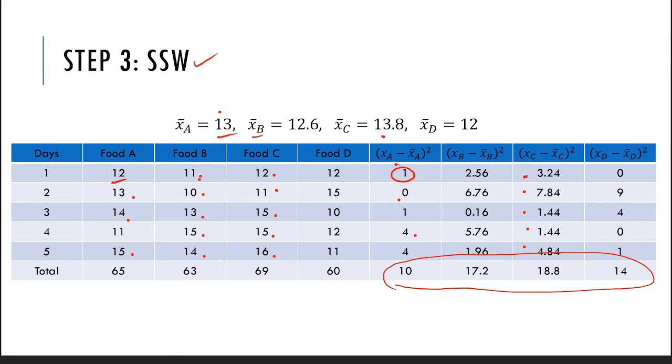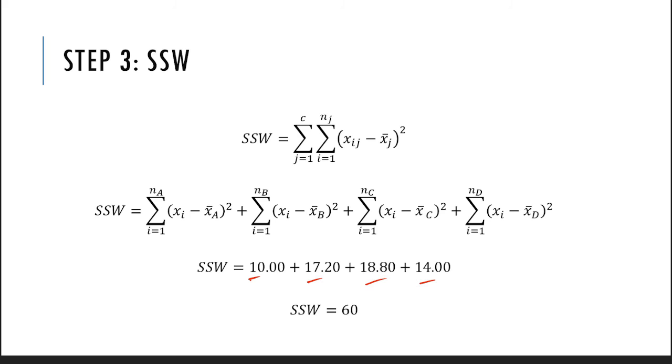Then also, for the SSW, you need to follow this table wherein kailangan mong kunin yung squares ng difference ng x mo sa bawat group minus yung mean ng bawat group na yun. And in that, makukuha mo yung sum of squares within group.